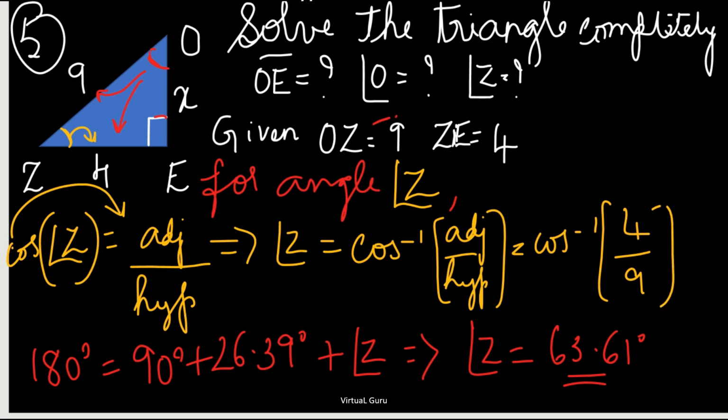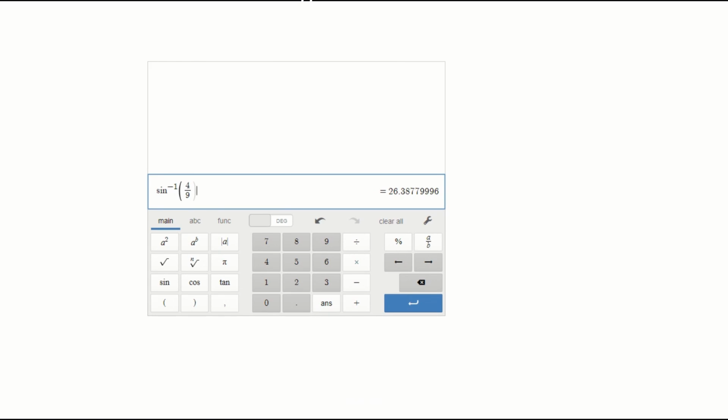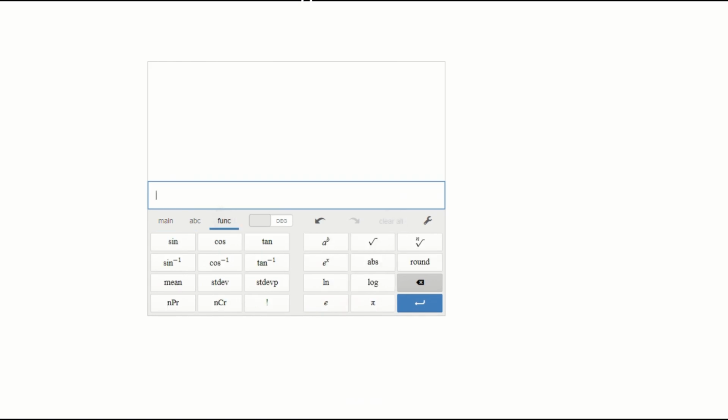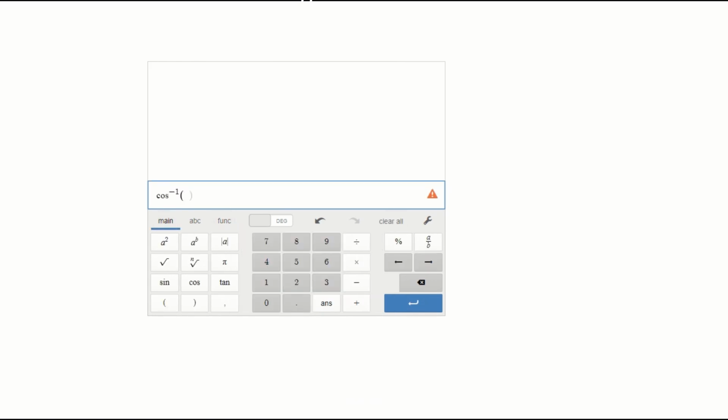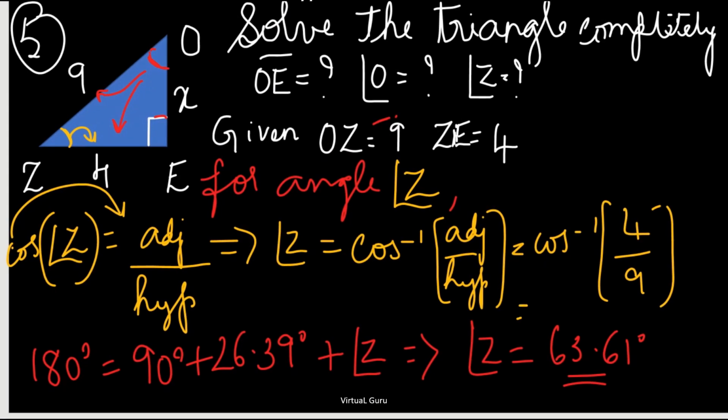So go back to the calculator, clear this up and find the cos inverse of 4 divided by 9, that is 63.61. I have verified it. 63.61 degrees. You can find either the angle Z in this way or the angle Z in the sum of angles of a triangle way. Okay.